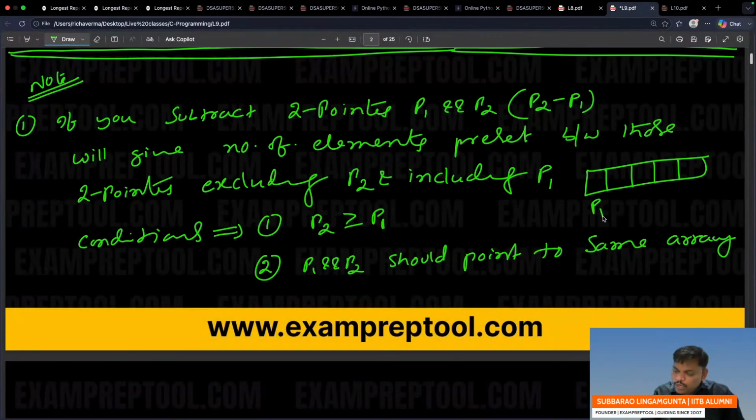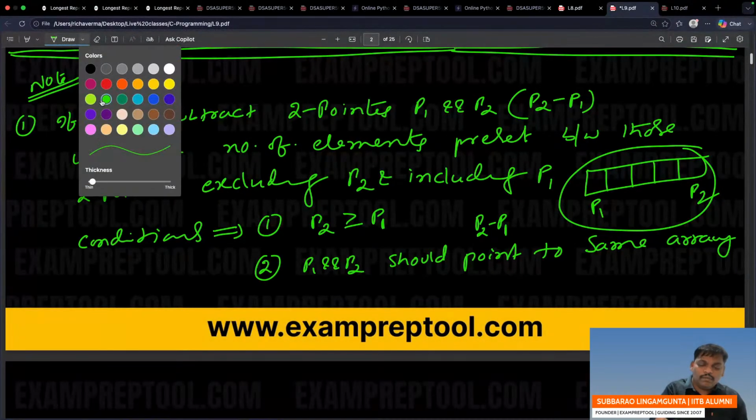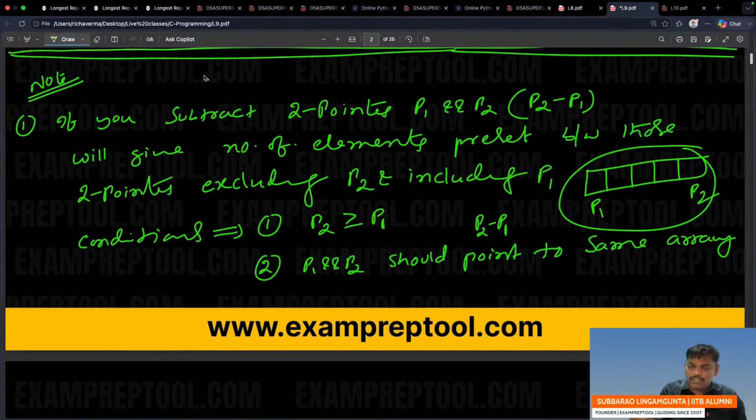P1 is pointing here, and this is P2. P2 minus P1 will give this part. So that means 1, 2, 3, 4. It will give 4. Excluding P2, including P1.